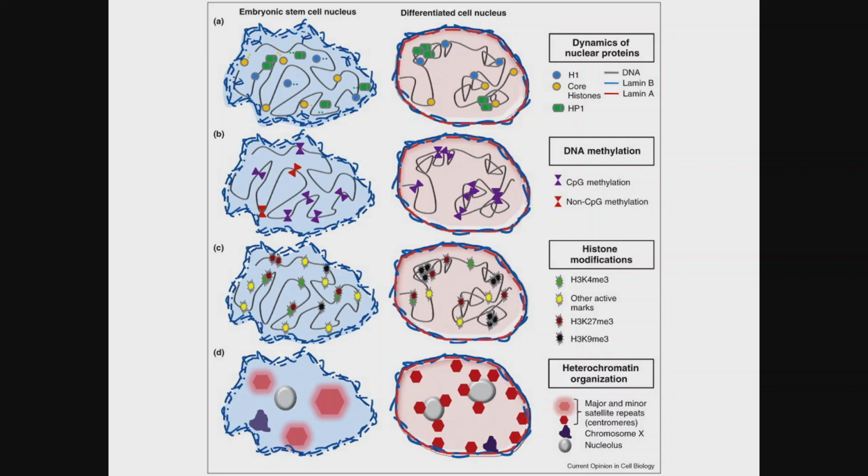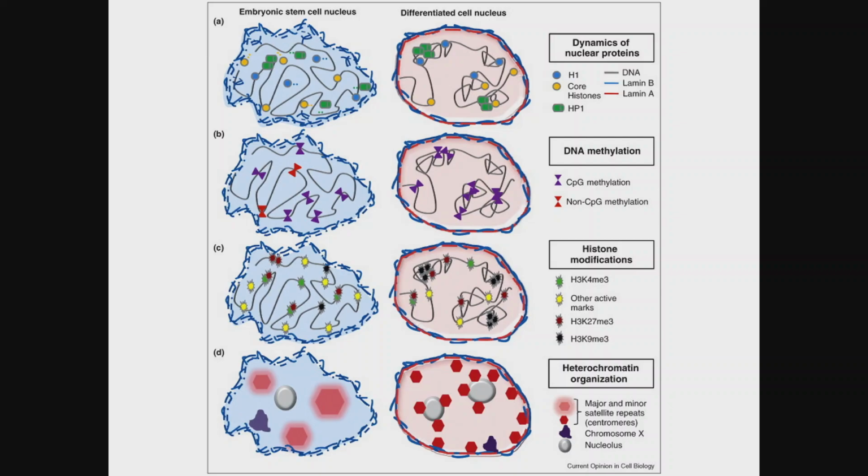In an embryonic stem cell nucleus, we have the DNA that is starting to attach to the lamina to silence genes, and some loops that are open, but in general it's more open. Then as we start differentiating, we start closing some regions and having these topologically associated domains.